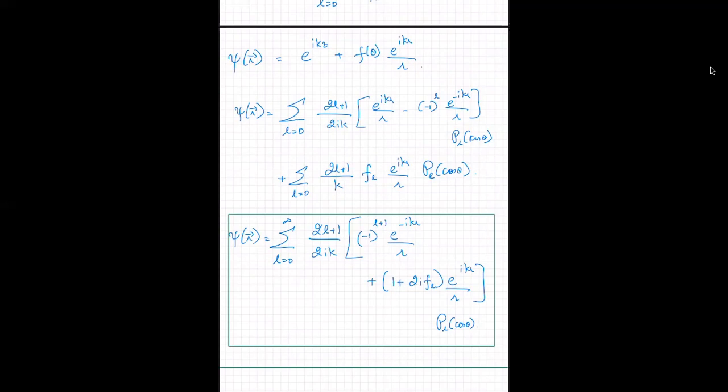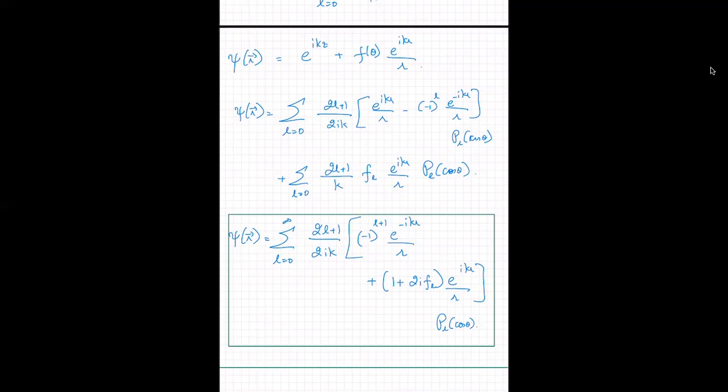The next step was to recognize that we have all the angular information packaged in the incoming z, which is r cosine theta, and the f of theta. Since any function of the angle theta can be written as an expansion in the Legendre polynomials, because P_l of cosine theta form a perfectly respectable basis for functions of theta, we went ahead and did that.